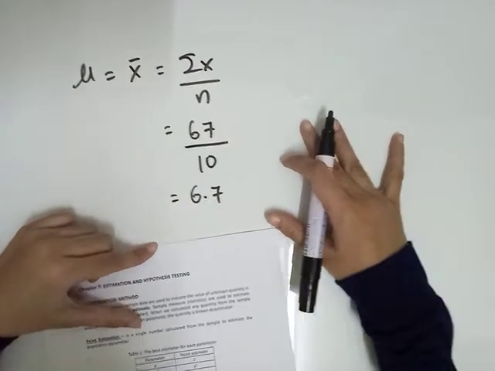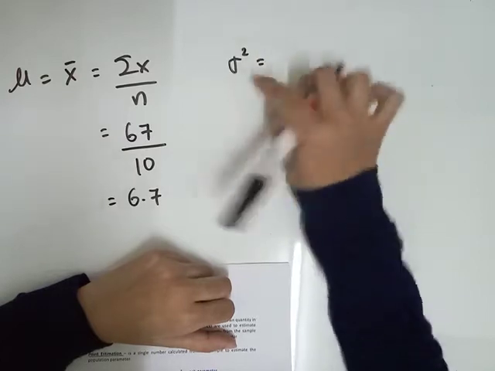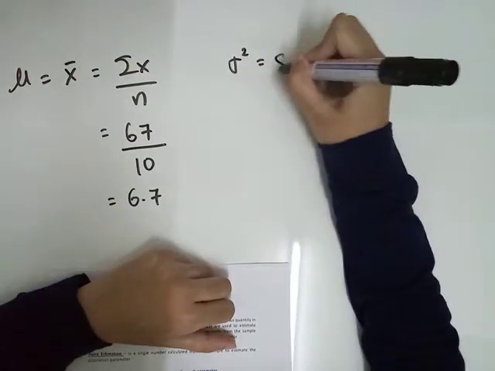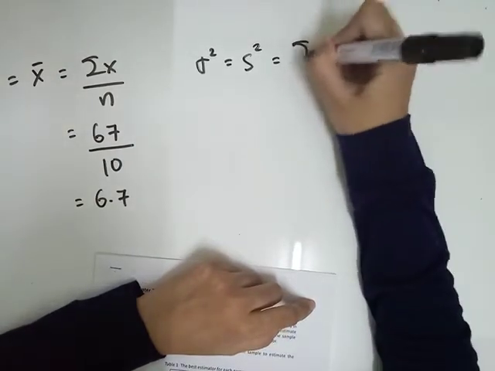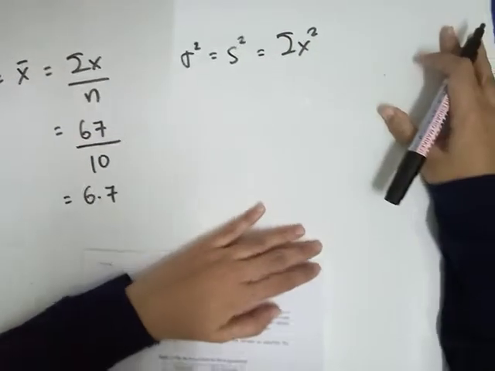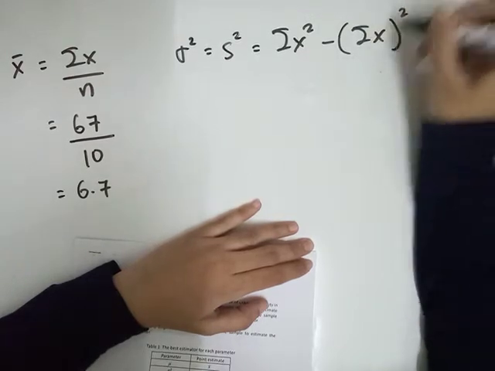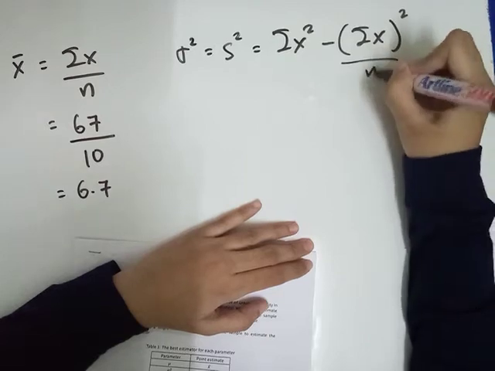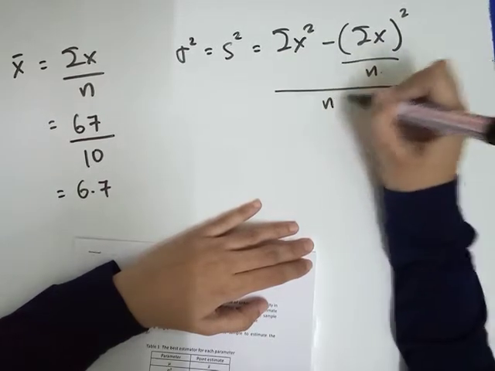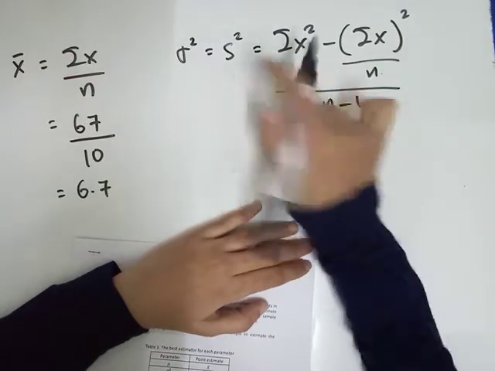And then how to find the population variance? The point estimate for the population variance is the sample variance. We have to use the formula: total x squared minus total x squared divided by n, and then divide by n minus 1. This is the formula to get the sample variance.